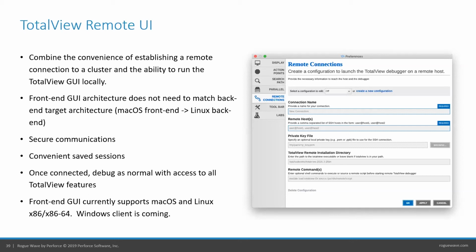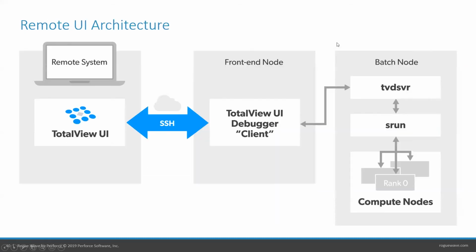We always have remote display client, a separate application, which works on Windows, Mac, and Linux, but now we have integrated everything in one debugger. So also advantage is front-end GUI architecture doesn't need to match back-end target architecture. So you can have it on Mac and just connect to Linux. It's secure communication and conveniently set up.